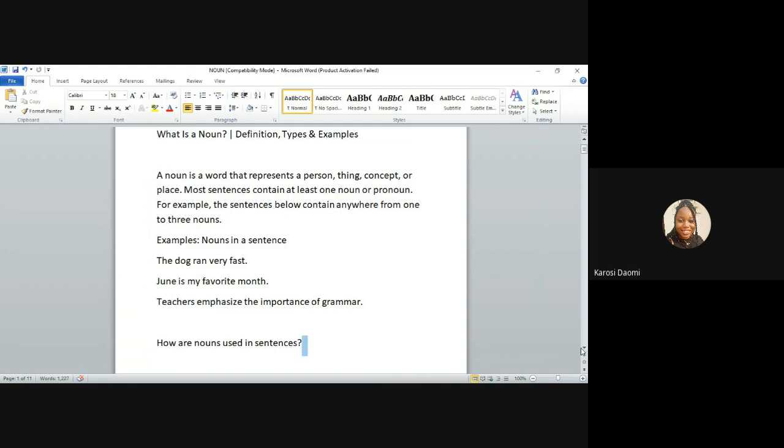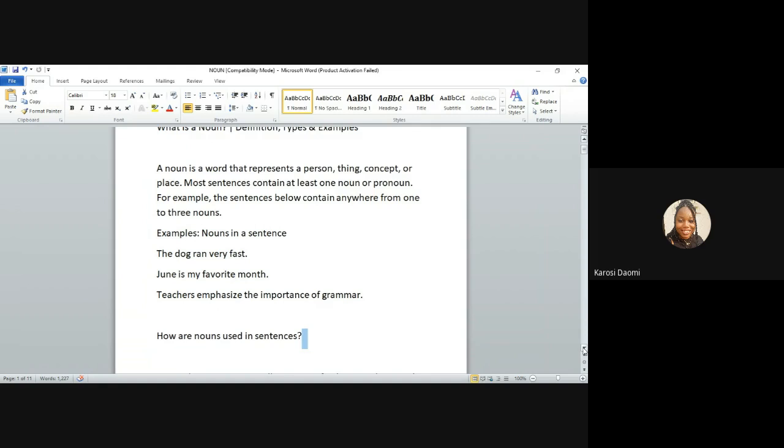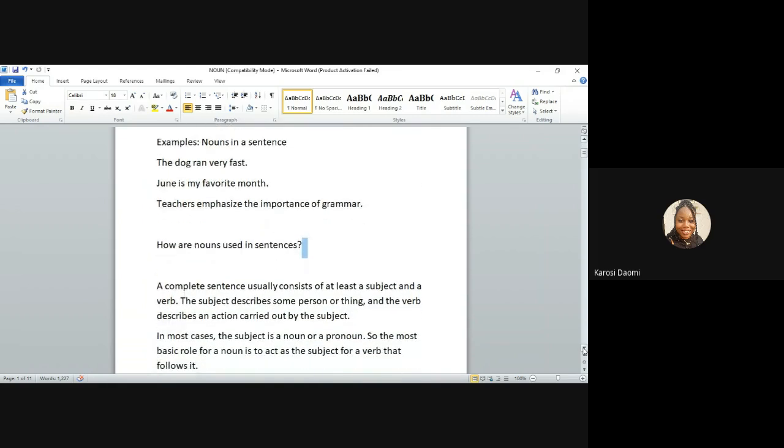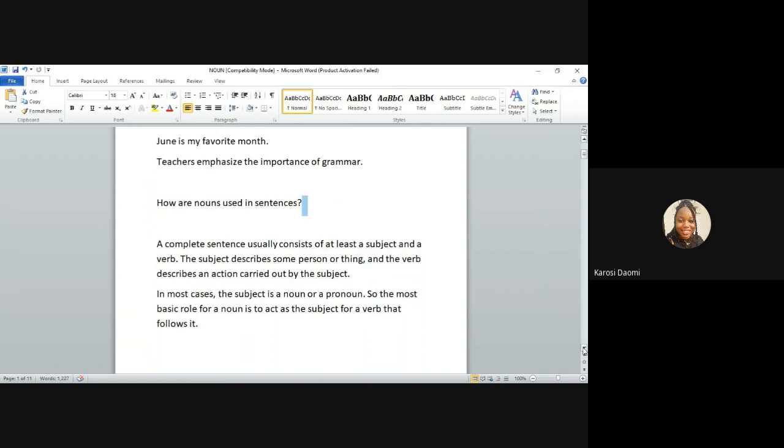Now, moving on, how are nouns used in sentences? A complete sentence usually consists of at least a subject and a verb. Now, the subject describes some person or thing, and the verb describes an action carried out by the subject.